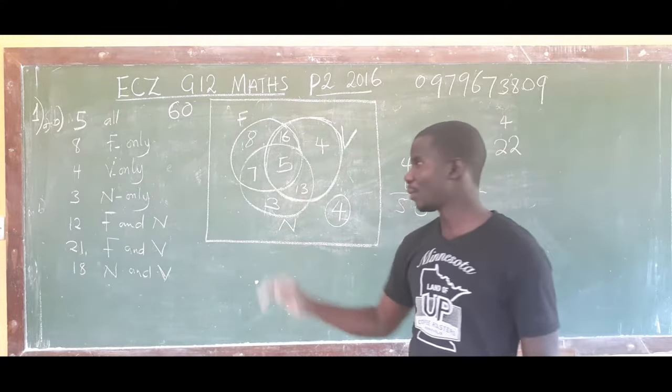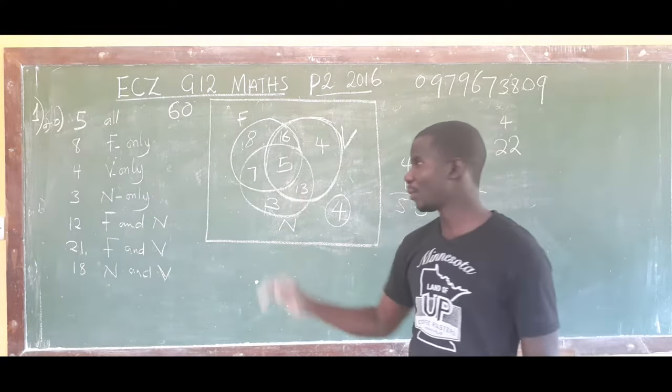Are we together? So you do the same thing here. 5 squared multiplied by 9. 25 multiplied by 9, what do we get? 225. Then 6 squared multiplied by 11, we're going to get 396.